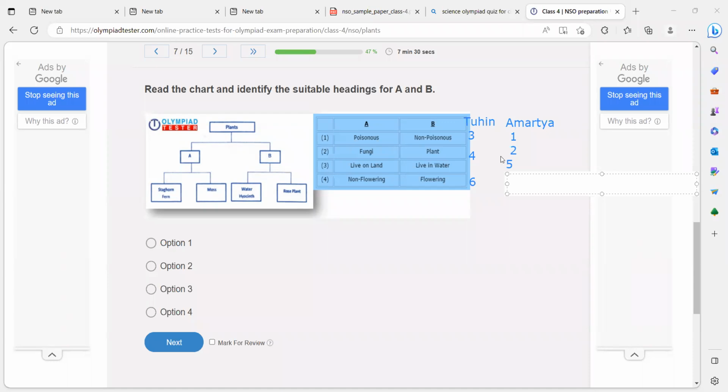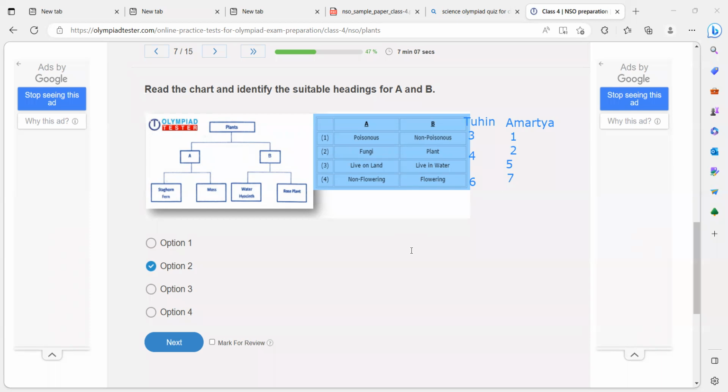Yes, Udit, tell me what you wanted to say, beta. Ma'am, what is the meaning of poisonous and fungi? Okay, poisonous means that it is dangerous to our health. If we consume it, something dangerous can happen to our health.